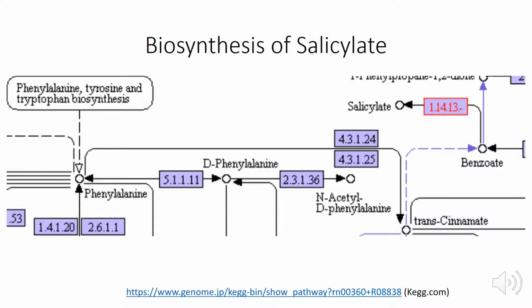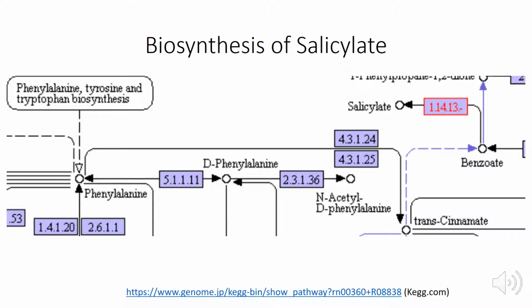Reaction 1 starts from phenylalanine to trans-cinnamate and is completed by phenylalanine ammonia lyase, which we refer to as PAL. Reaction 2 goes from trans-cinnamate to benzoate, and like I said before, it is not specifically known how this reaction is carried out, but there's a proposed mechanism that Bernadette will go through.